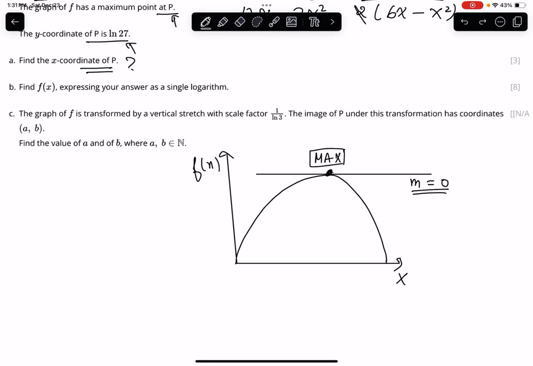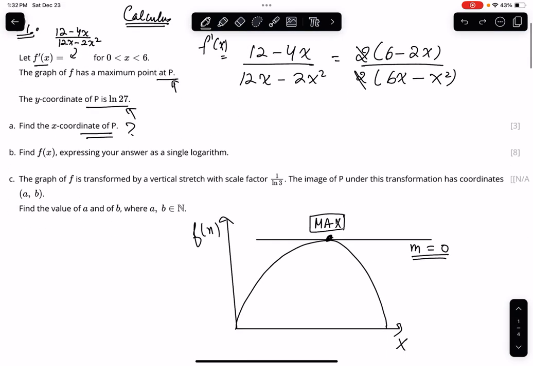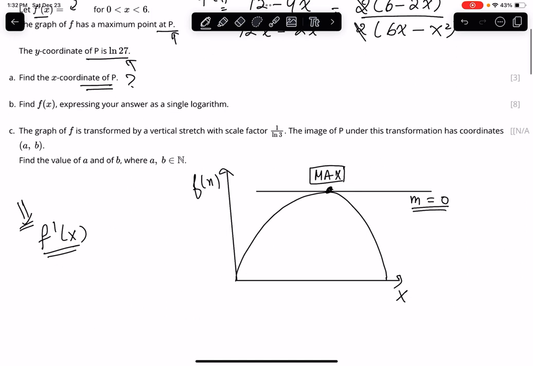So at a maxima point, the gradient must be 0, and the function f prime of x is just a gradient function. This derivative is a gradient function. If you have a function f of x and you input an x value, you get a y value.